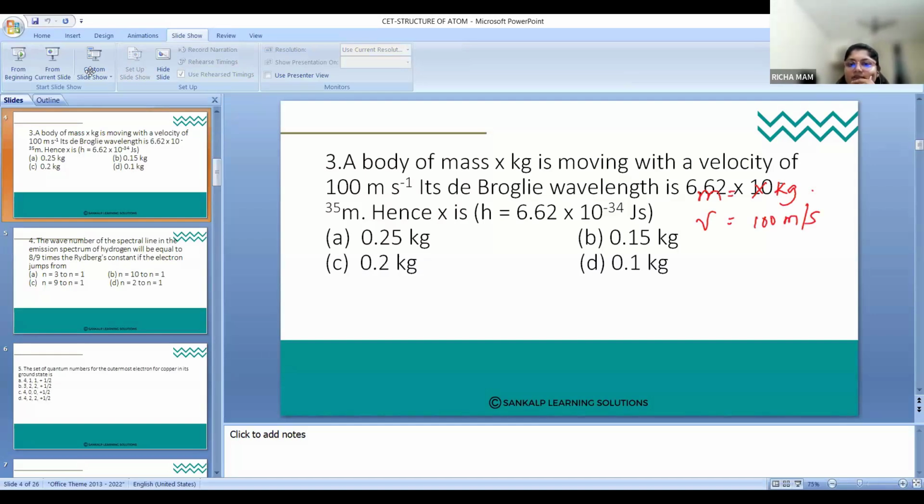De Broglie's wavelength is 6.62 into 10 raised to minus 35 meter. And h is your Planck's constant, 6.62 into 10 raised to minus 34 joule second. According to de Broglie's equation, lambda is equal to h by mv. So put the values now.